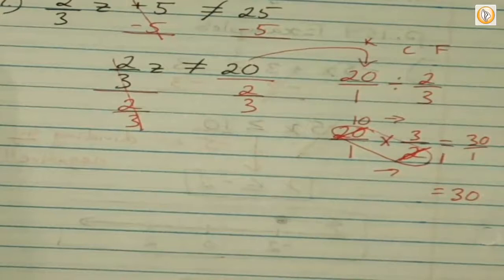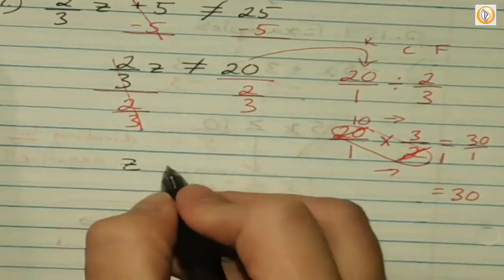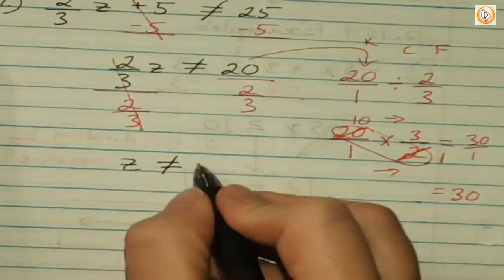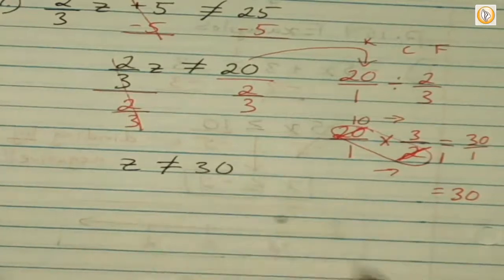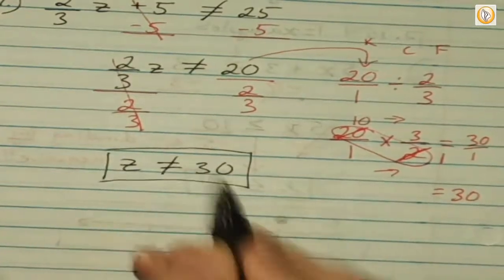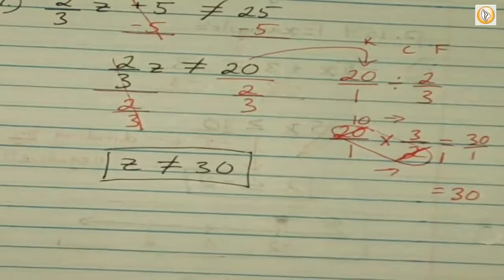So z does not equal 30. And you do not have to graph it. Good job. Any questions?